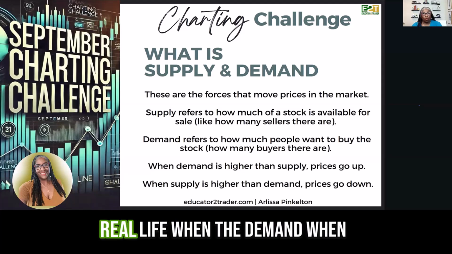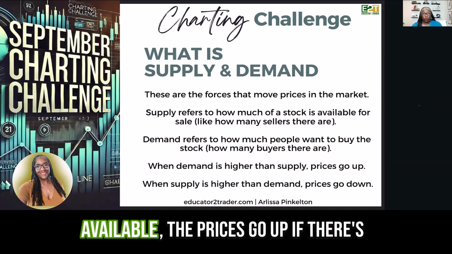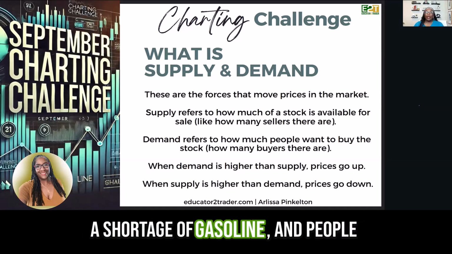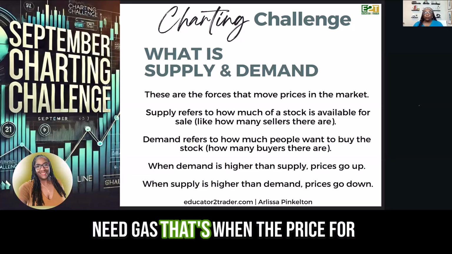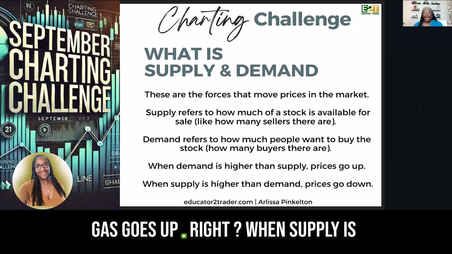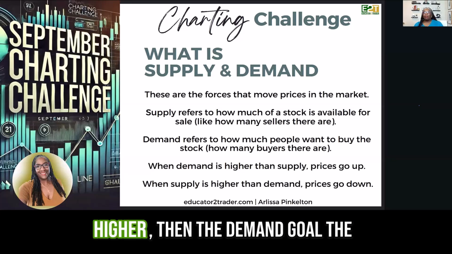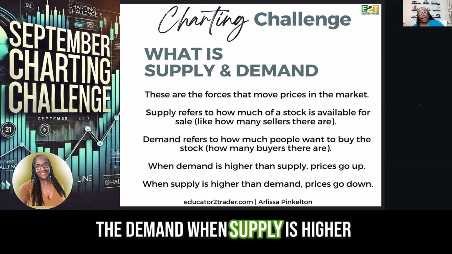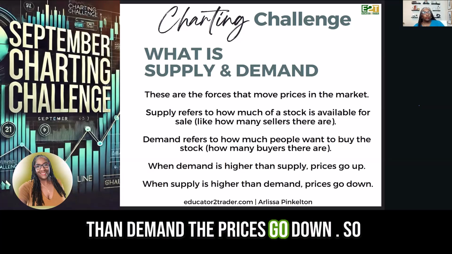Let's think about real life. When people want more than is available, the prices go up. If there's a shortage of gasoline and people need gas, that's when the price of gas goes up, right? When supply is higher than demand, the prices go down.